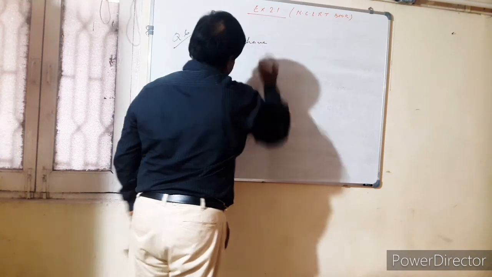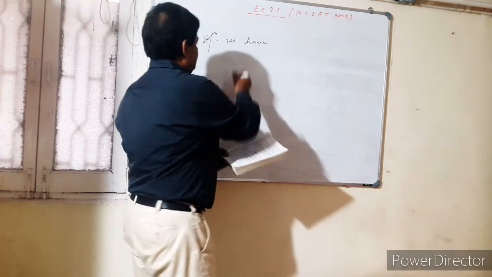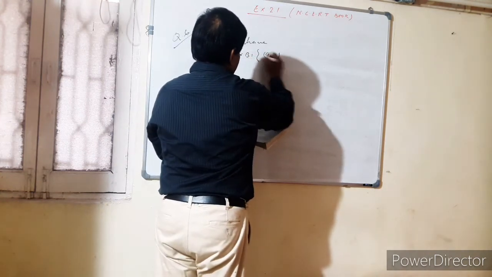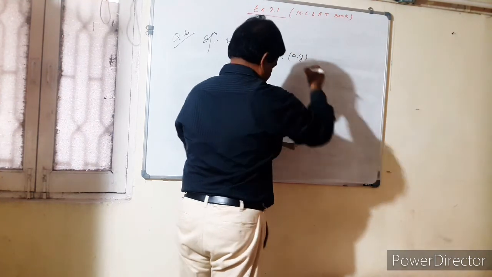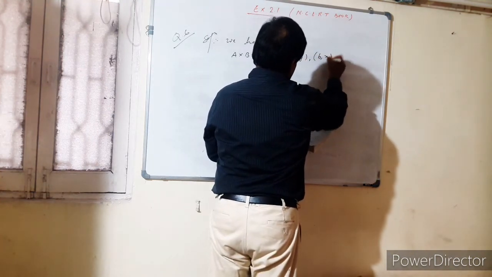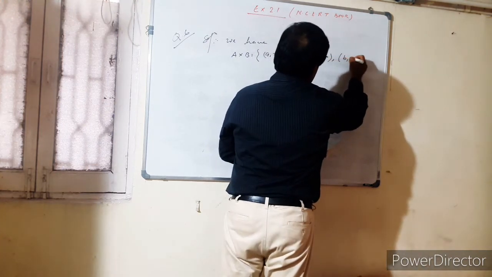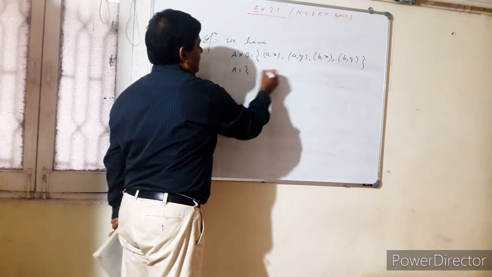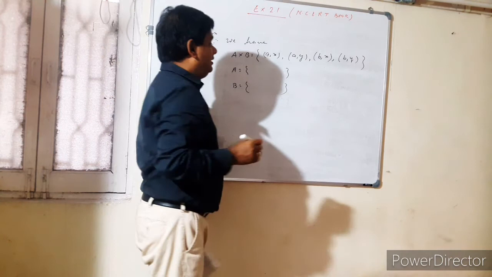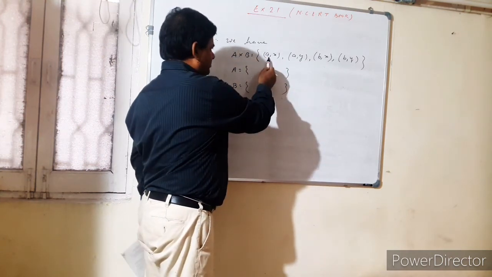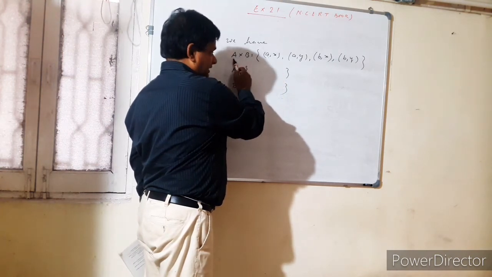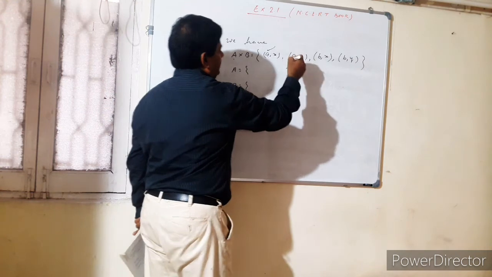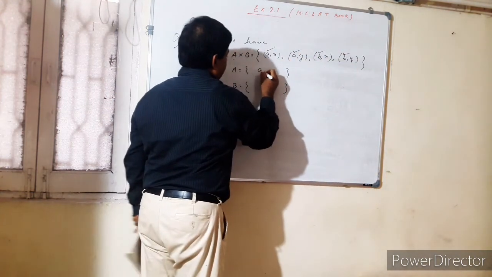We have A cross B: A comma X, A comma Y, B comma X, B comma Y. Then we have to find out set A and set B. So we know that the first component represents A and second component represents B. So see here, the first component here A, B. So it means set A is AB.